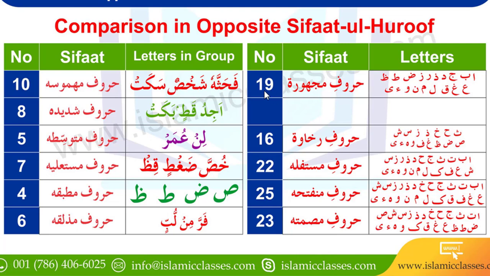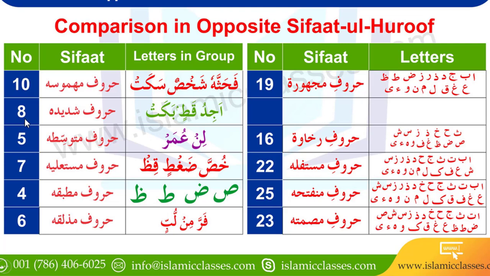As you know, there are 29 letters of Arabic, and this is the remaining 19 because 10 are mahmusa, and this is huruf majhura, the opposite, the jahr quality. In the jahr quality there are 19 letters which you can see here: alif, ba, jim, dal, zal, ra, za, and so on.